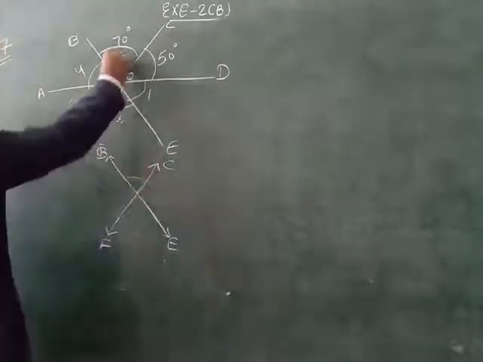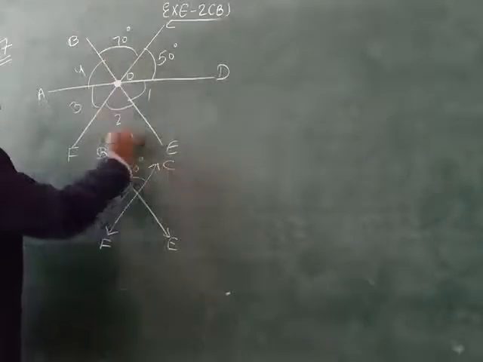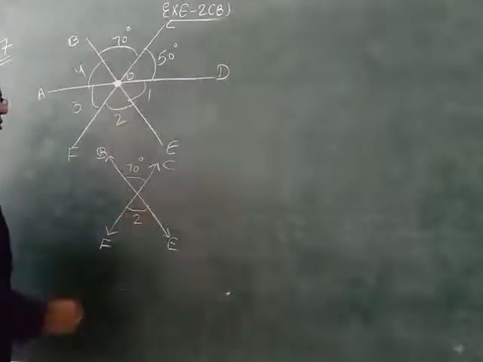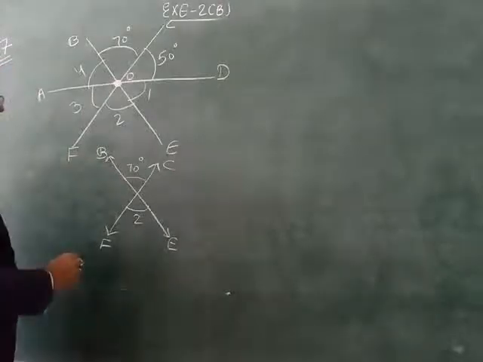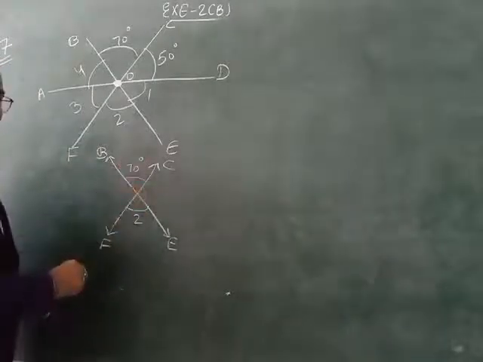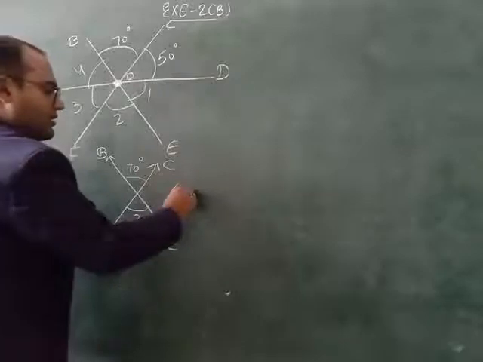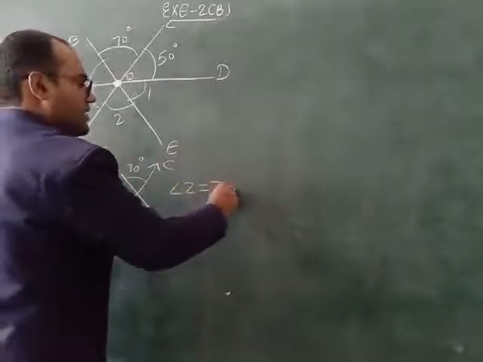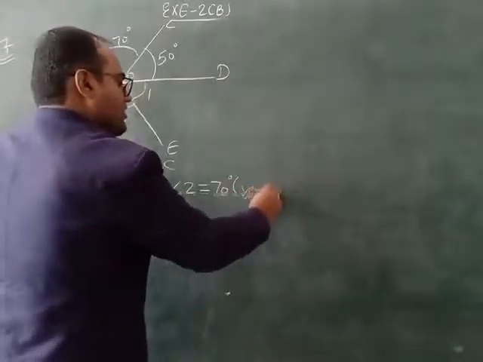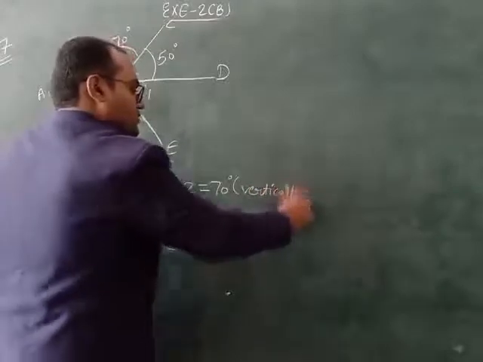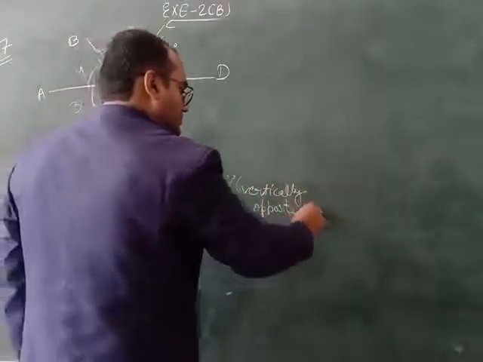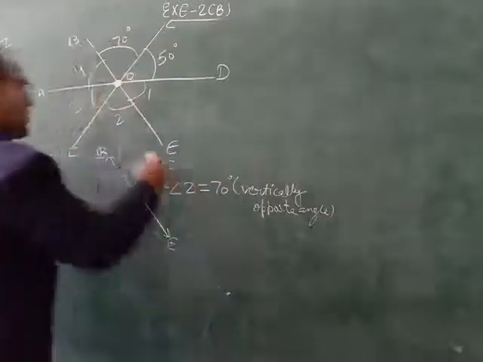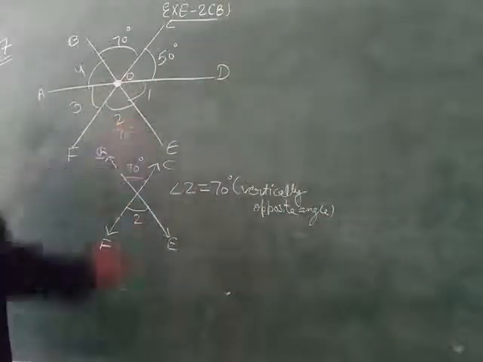Here it is given 70 degree. Here it is angle 2. So here two straight lines are intersecting. That means these two are vertically opposite angles. So we will write angle 2 will be 70 degree because these two are vertically opposite angles. So the first answer we got is 70.